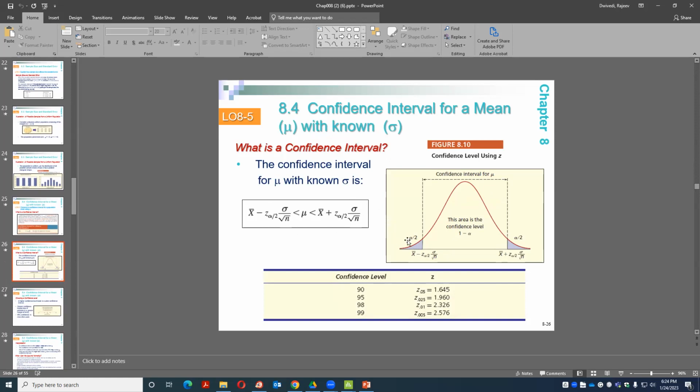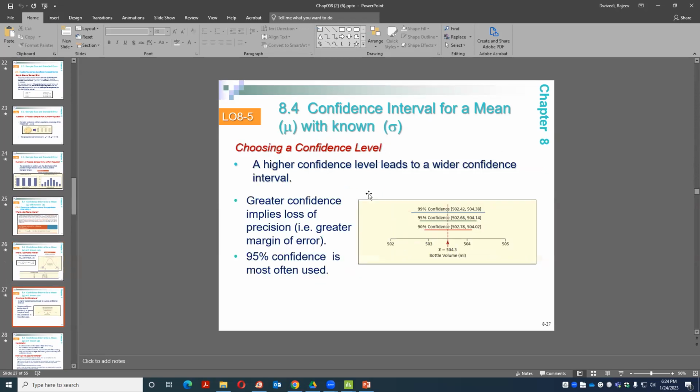How you can know the left side and right side values is important. Greater confidence means loss of precision, that is, greater margin of error. 95% is the most standard and most often used, and it comes by default.